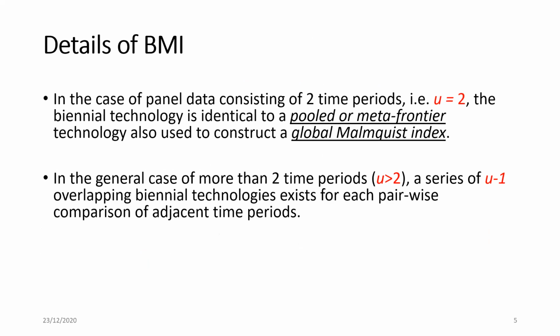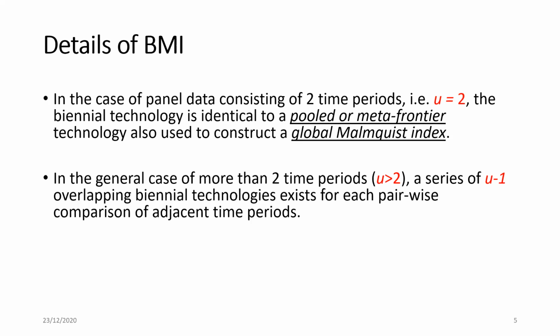The biennial technology is made up of the line, the boundary of the space, plus the space itself. And that technology is similar to the pooled meta frontier technology, and this same pooled meta frontier technology is what is used to calculate the global Malmquist index.